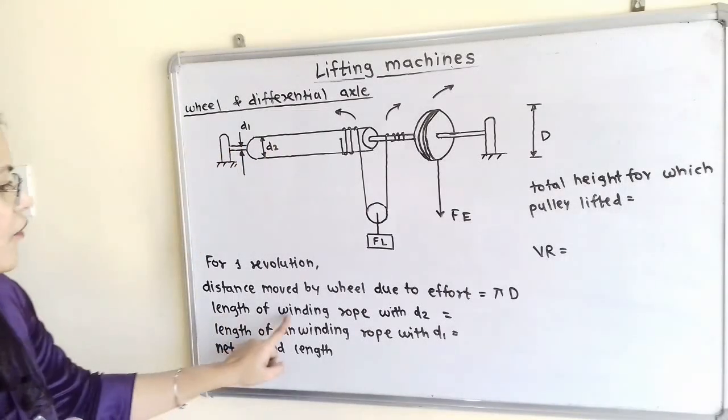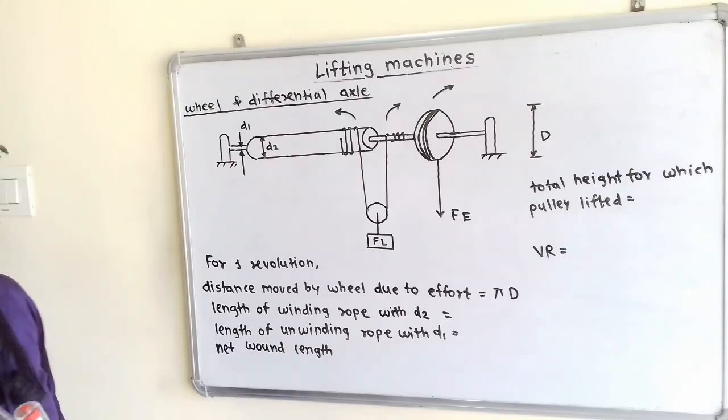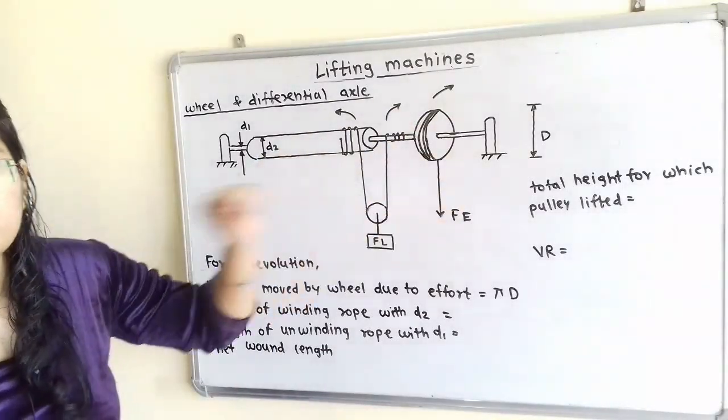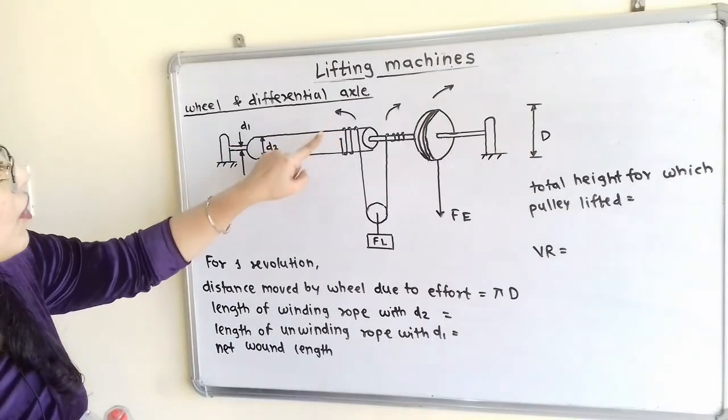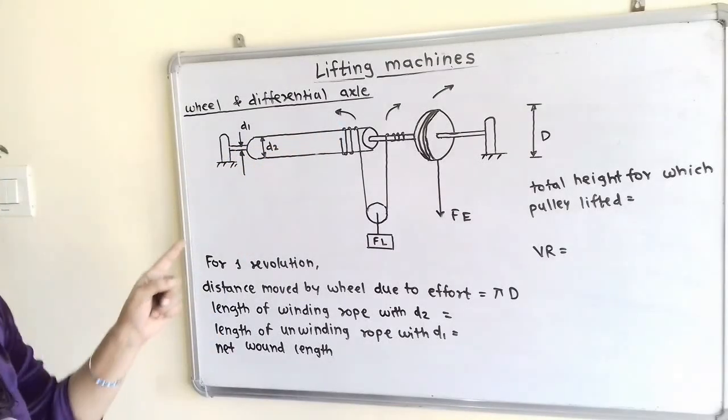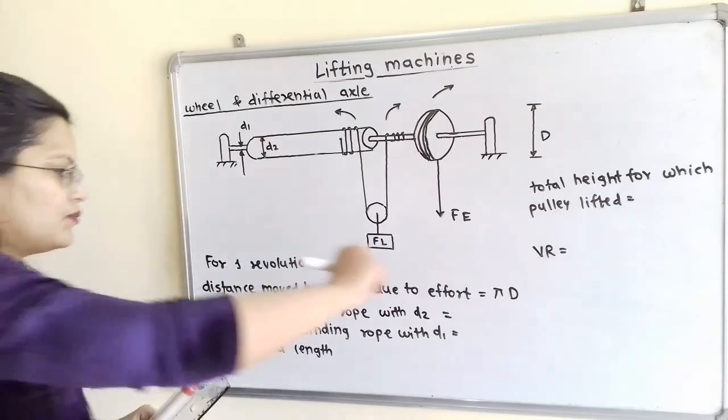So for one complete revolution, the winding of the rope for the axle with diameter d2 is equal to pi d2.